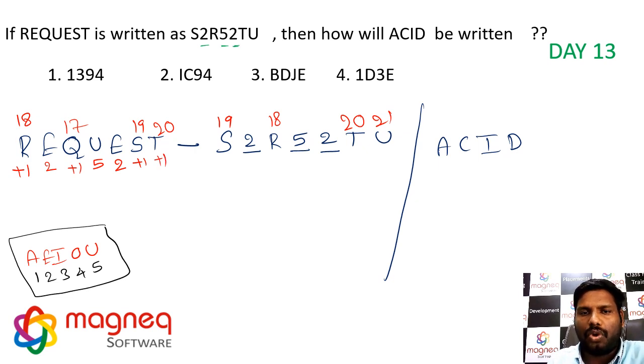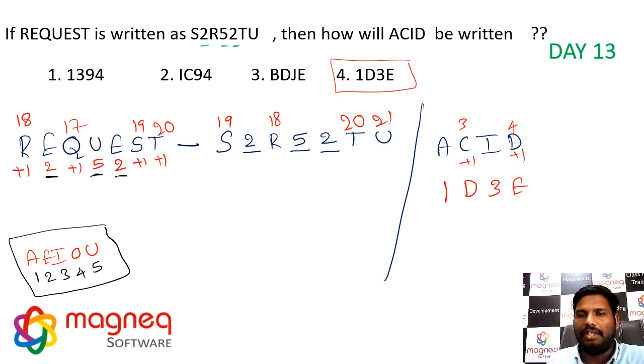So in place of a consonant, plus 1 means the next letter. In place of vowels, the numbering 1, 2, 3, 4, 5. A is a vowel, so number 1. C is 3, plus 1 means the next letter D. I is a vowel, so 3. D plus 1 means the next letter E. So the answer is 1D 3E. Fourth option.